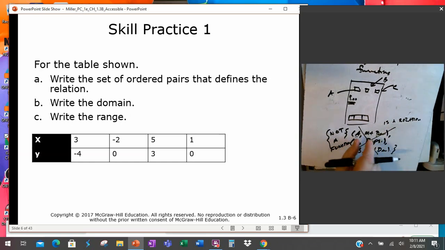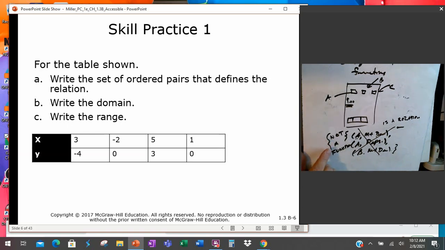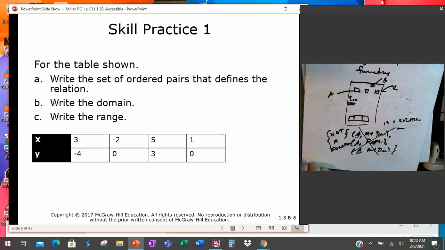So a relation is any type of these things, two things going together, okay? It is a relation, but it is not a function. It is not a good engineering piece. When I do a throttle, I don't want sometimes I go 20 miles an hour, sometimes I go 5 miles per hour, sometimes I go in reverse.